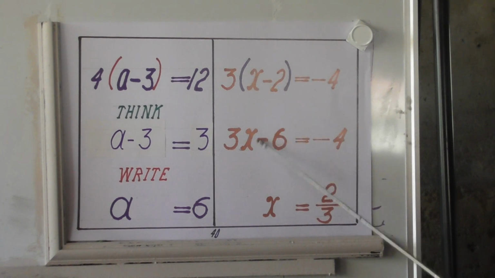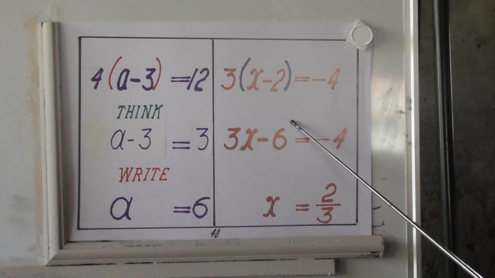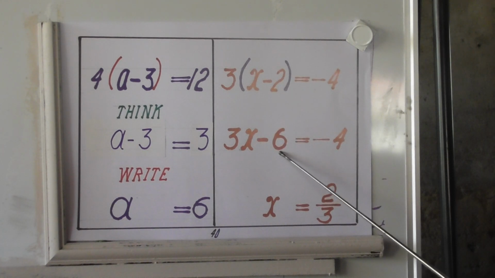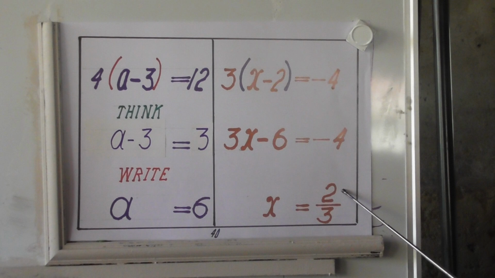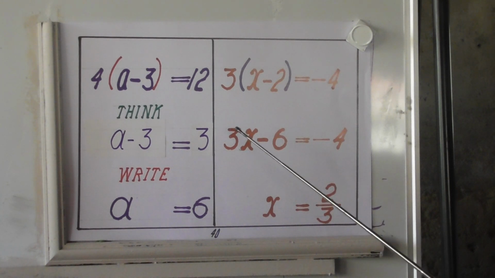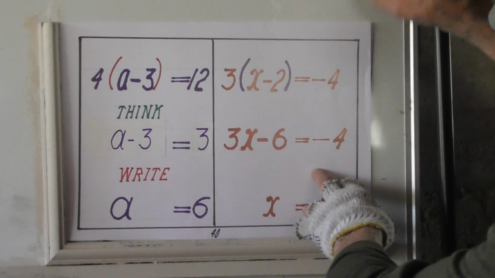This is unattached, this is attached. I'll first get rid of the unattached. So we have then positive 6, negative 4, the positives are winning by 2. And then we divide it by 3. So this is the fraction. x is 2/3.